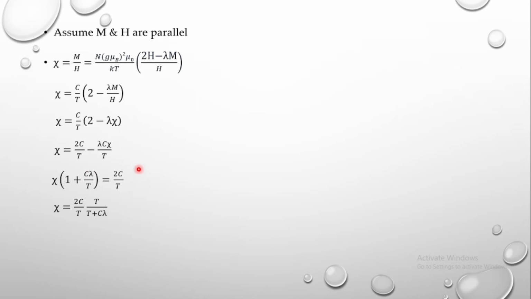That's why we have just reversed it and written it as T by T plus C lambda. Clearly T is going to cancel out, and we write C into lambda as TN, which is nothing but the Néel temperature. Let us call it equation number 5, and this is the equation of susceptibility above Néel temperature.